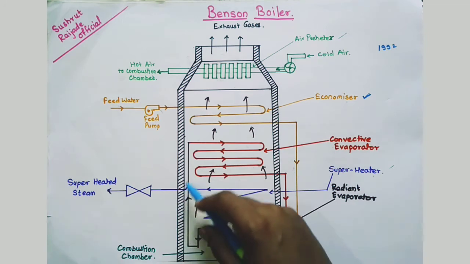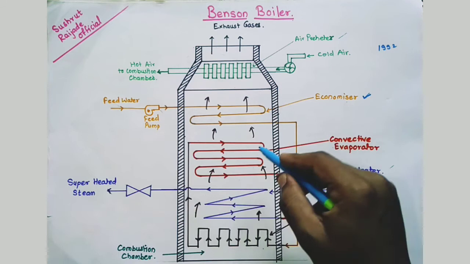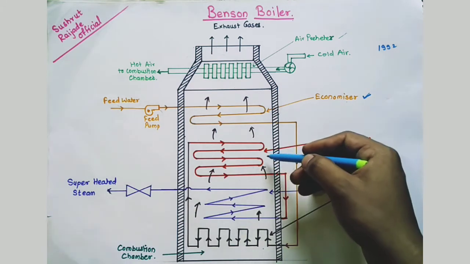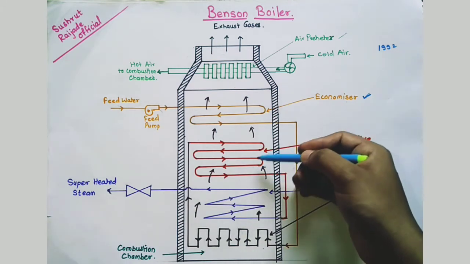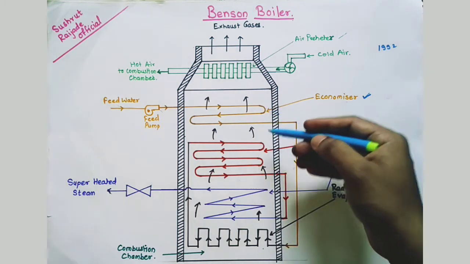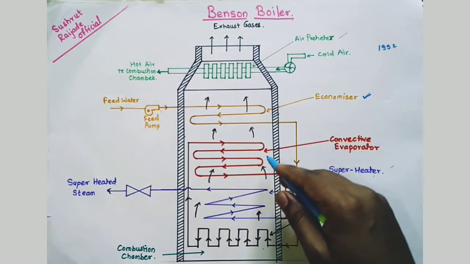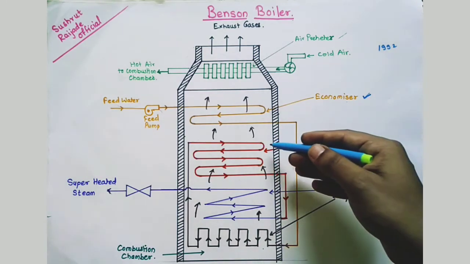So water plus steam is then transferred to the convective evaporator. In the convective evaporator, it again receives the heat from the flue gases and converts the water into steam. Here in the convective evaporator, all the water is converted into steam.